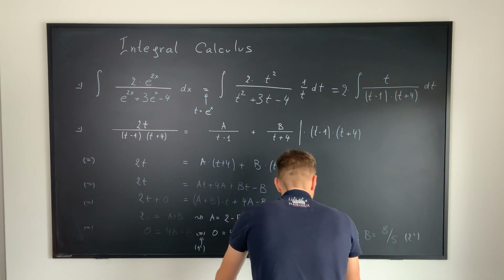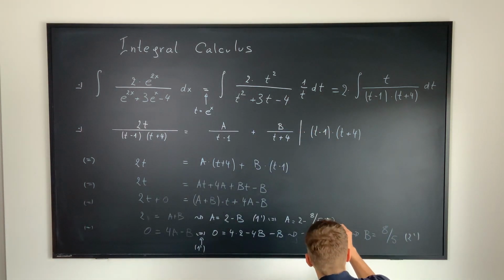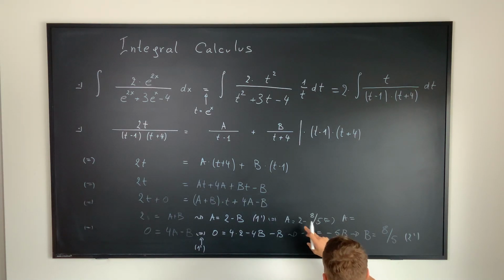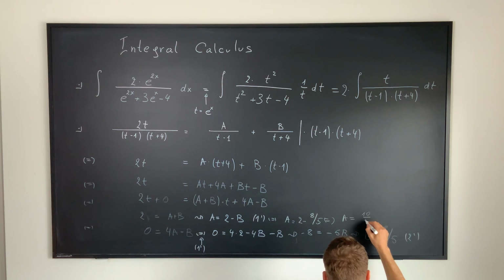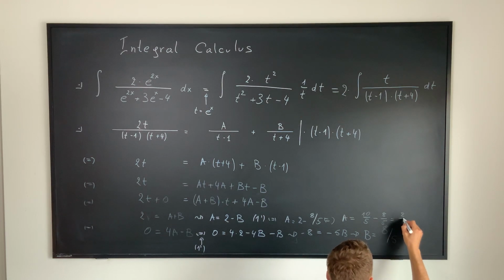So 2 is nothing else than 10/5 minus 8/5, which in the end is 2/5.